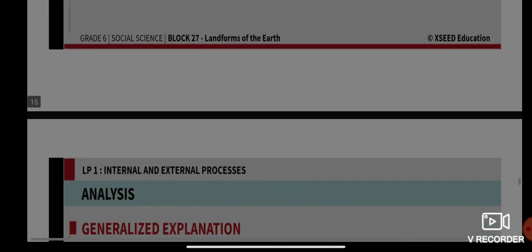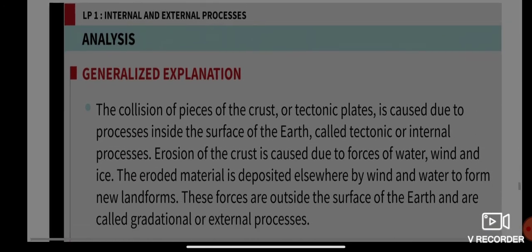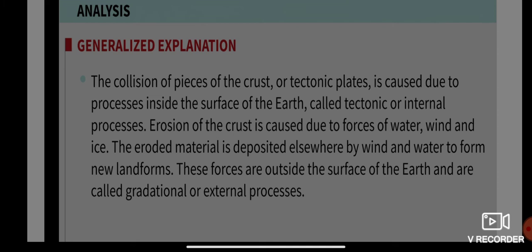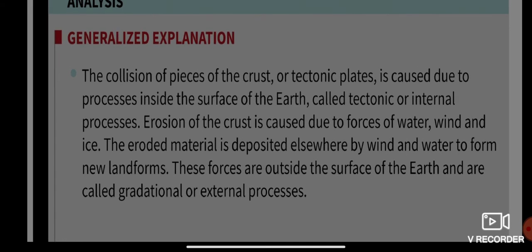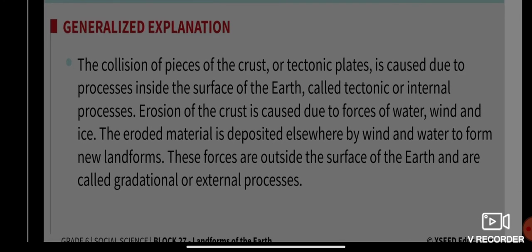From the two actions, which were caused due to processes inside the surface of the earth, and which were caused due to processes outside the surface of the earth? As you might have noticed, the collision of pieces of the crust or tectonic plates is caused due to a process that is inside the surface of the earth, called the tectonic or internal process.